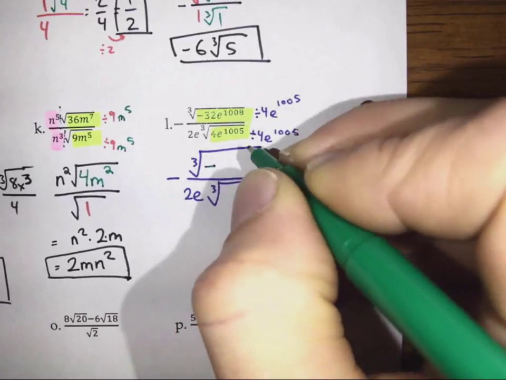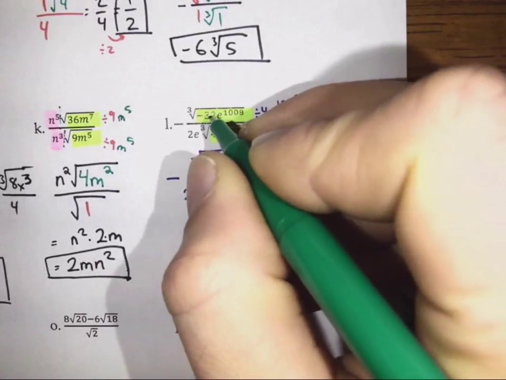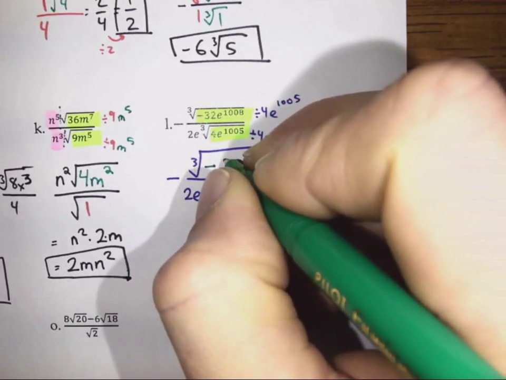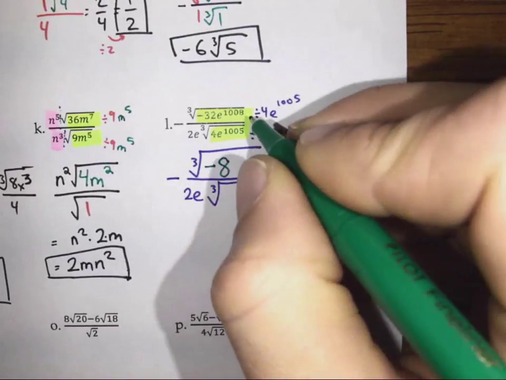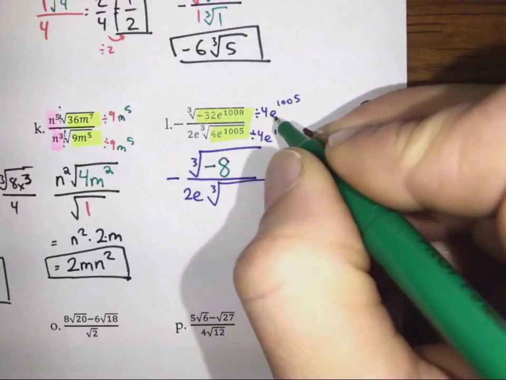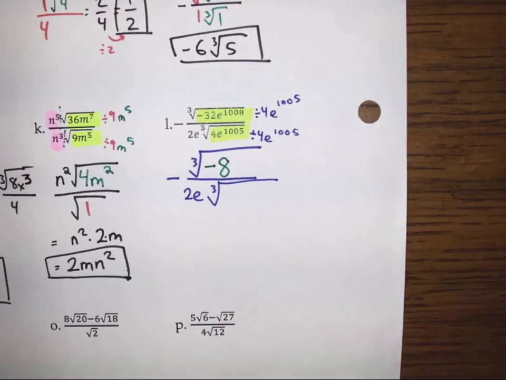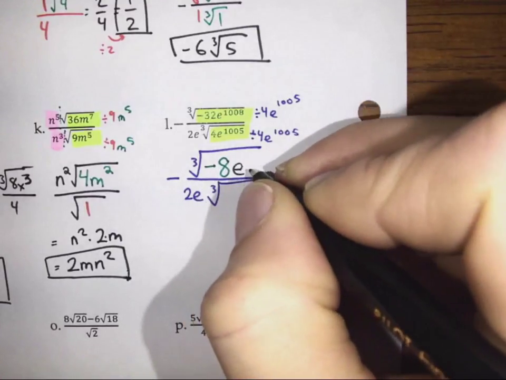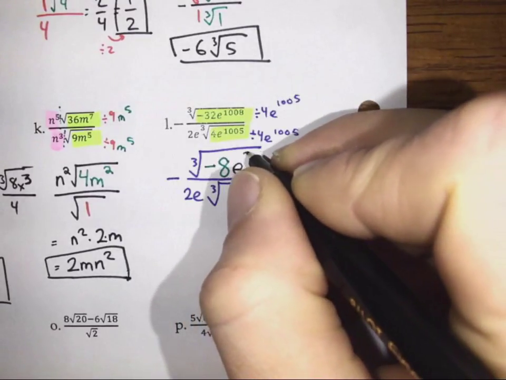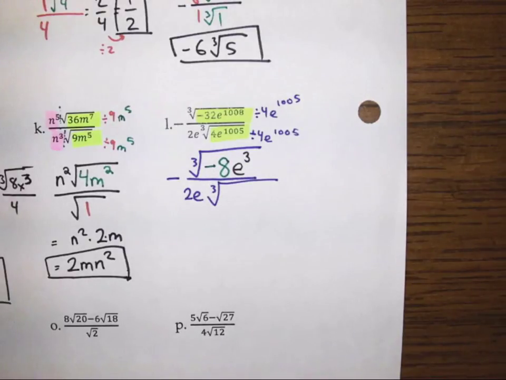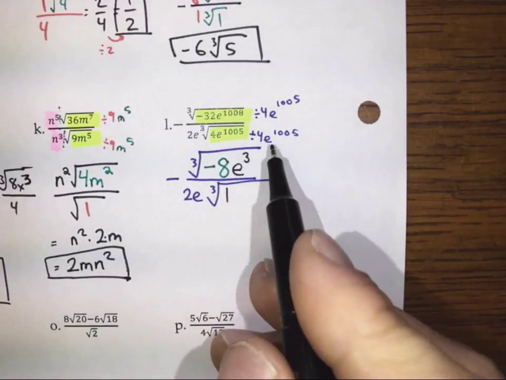Well, it's going to be a negative number. And 32 is in the 4 times tables. It's 8 fours. 8. And e to the power of 1008 divided by e to the power of 1005. Well, there's a difference of 3, right? We're subtracting them. So we're going to get e raised to the power 3. And on the bottom, it's just a cube root of 1 because we're dividing something by itself.